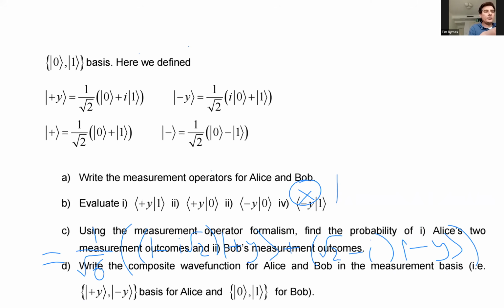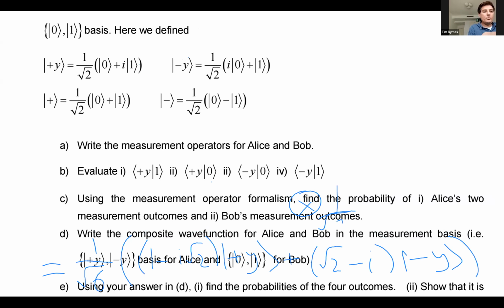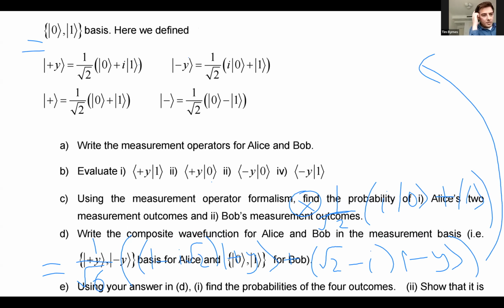Minus y, well, it's up here. So it's 1 over root 2 i of 0 plus 1. Okay, and then you can just write that out.